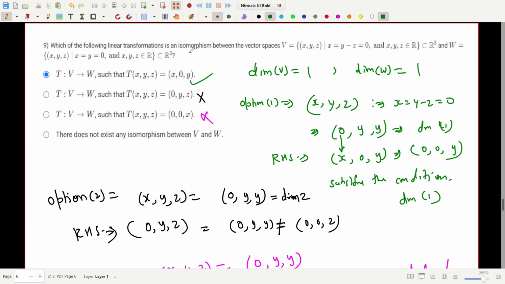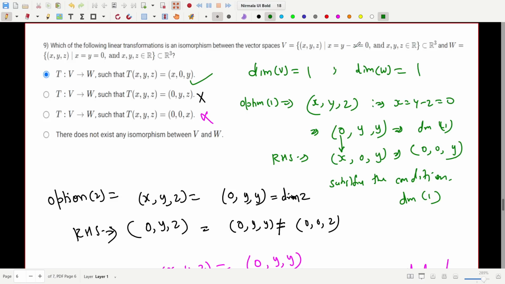So the following linear transformation is an isomorphism between the vector spaces V and W. Some conditions are there. This is the same question, so we can go through the same way. Here x y z, where x is equal to y minus z is equal to 0, means x is always 0 and y is equal to z.